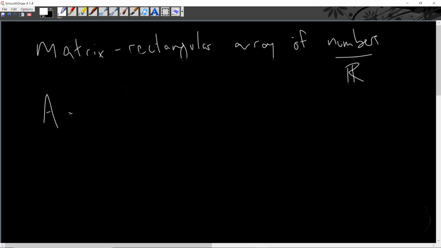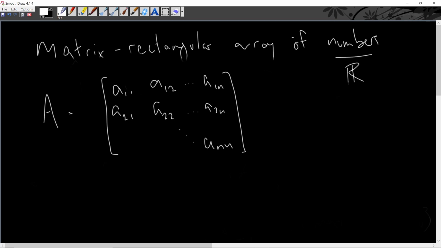So let's have A11, A12, and then on and on until you get to A1n, A21, A22, on and on until you get to A2n, and then this will continue increasing on that main diagonal, so this will be Amn.